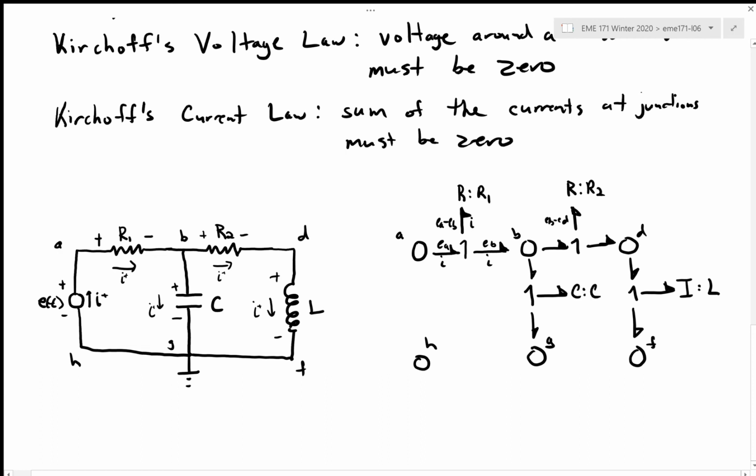Now between F and G and H, there is no component. So I can simply add a bond that connects those. And that means that F, G, and H, in fact, all have the same voltage. There are no one junctions in between them, so we don't have any changes to the voltage.